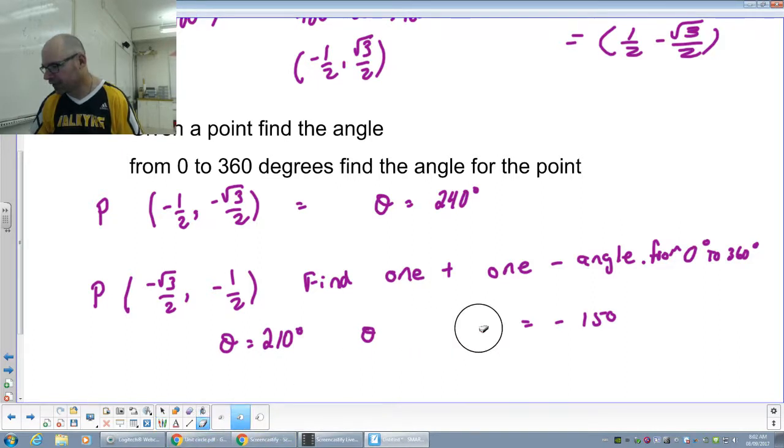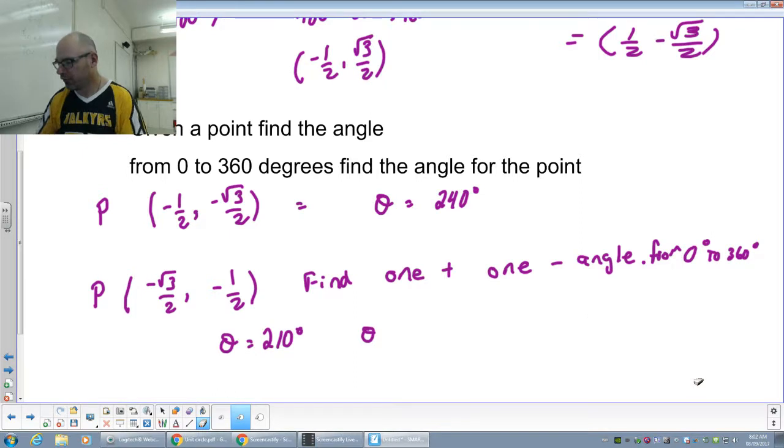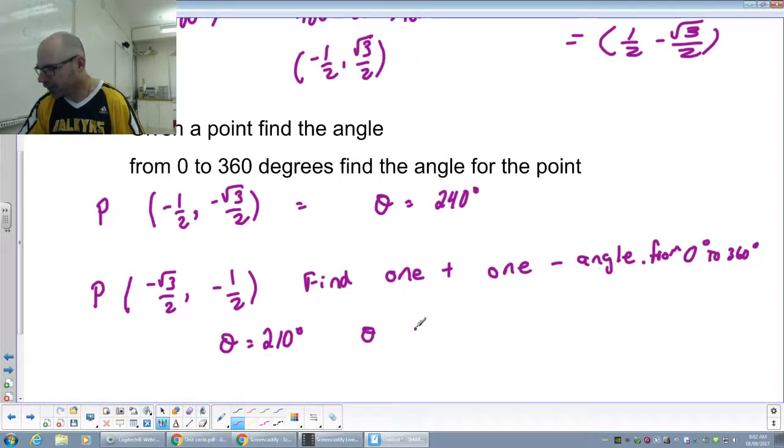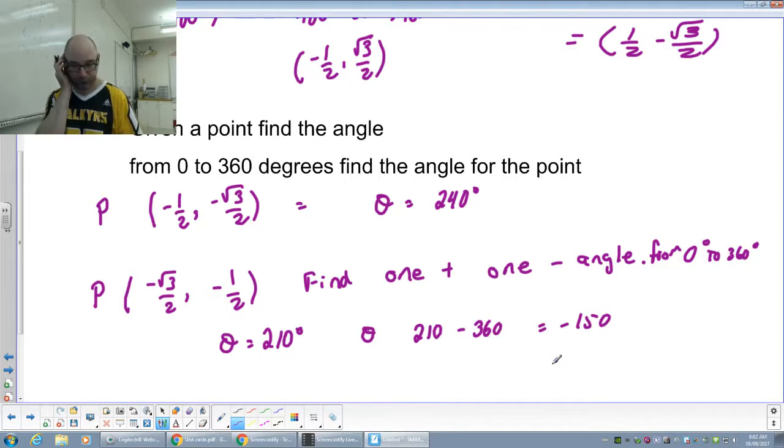You can also visually see that as you're going down. If you want the negative angle, you got to write the bigger number second. So it's really the 210 subtracting a rotation to give us negative 150 degrees.